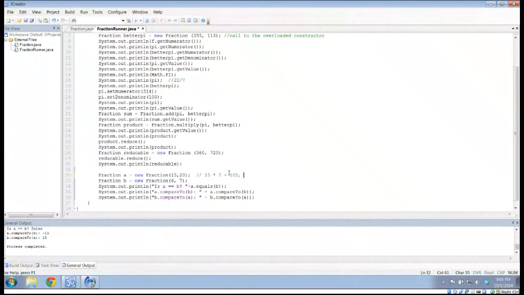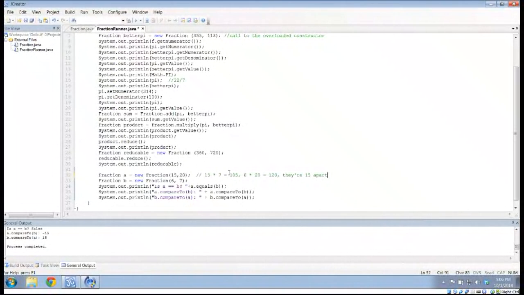And 6 times 20 is 120. And they're 15 apart. So that's truly what's happening here, and that 15 is the 15 from our common denominator.